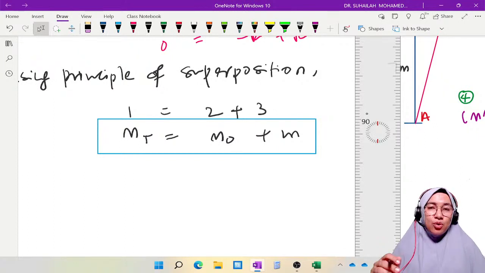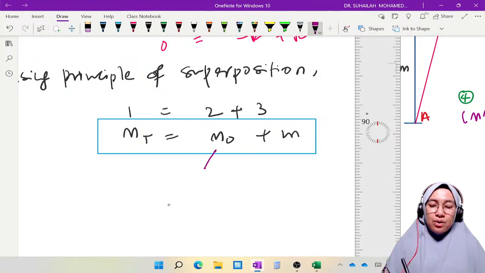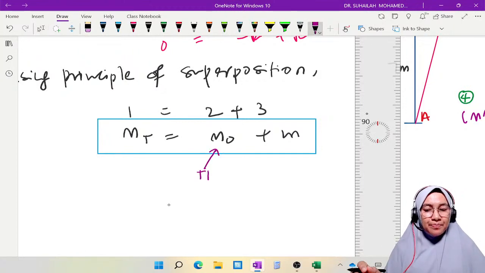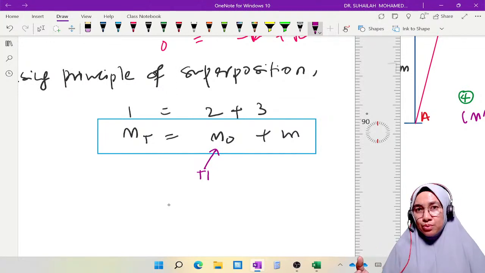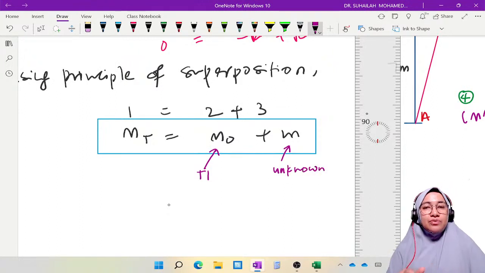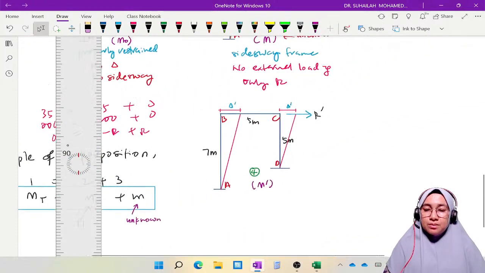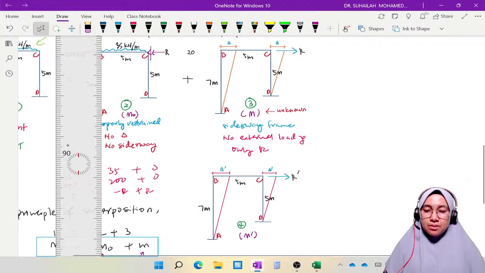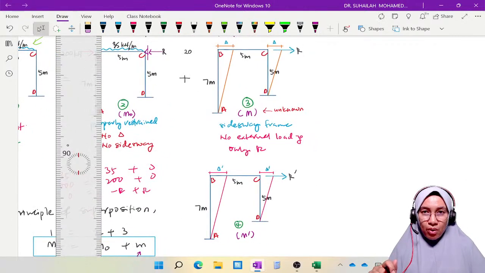In this equation, m naught we get from table number 1, but m we cannot get directly from table number 2. m remains unknown. That is why we introduce another diagram, number 4. Because m is unknown, we have two diagrams, diagram number 3 and diagram number 4.